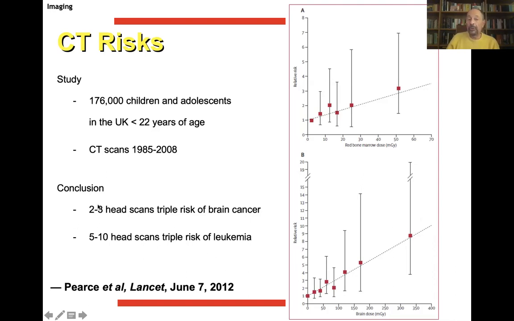meaning that 2-3 head scans can triple the risk of brain cancer, and 5-10 head scans can triple the risk of leukemia. Of course, you need many head scans to see an effect, because you have to go to relatively high doses. But this means that the CT has to be given with some rationale.